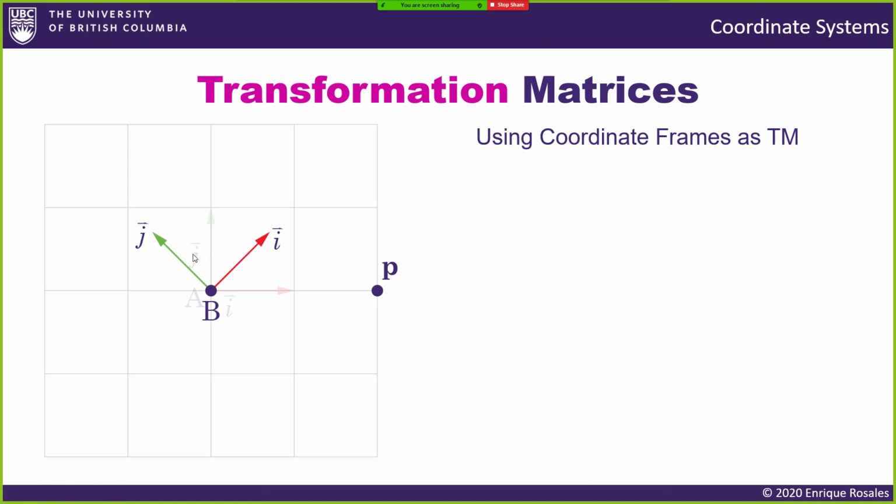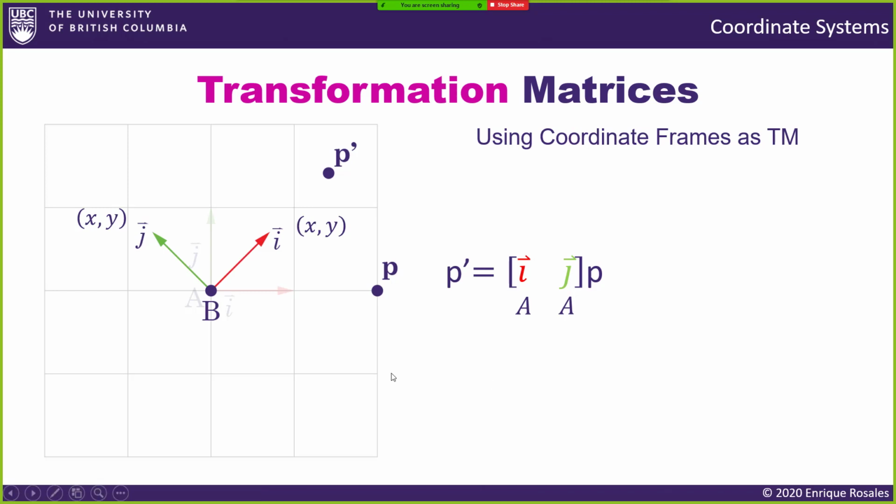Good, great. So now let's imagine that we create a matrix with the column vectors I and J from the coordinate frame B, with their coordinates with respect to A. This is exactly the same as we did before.